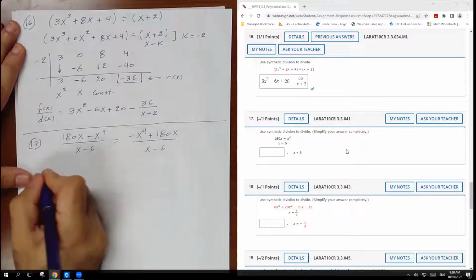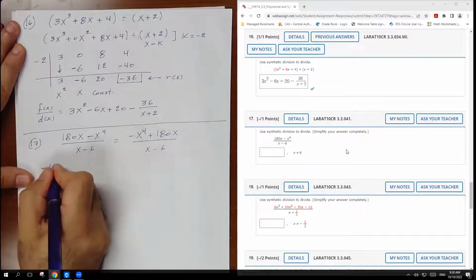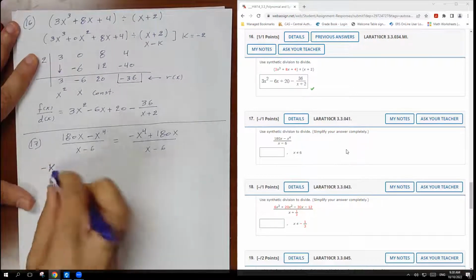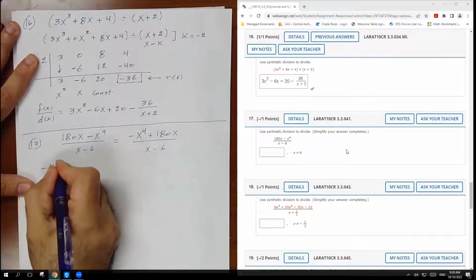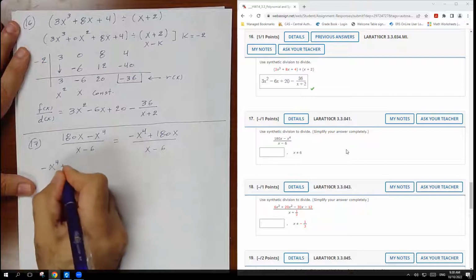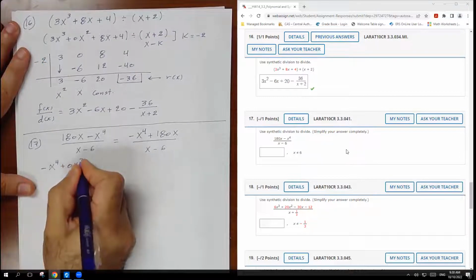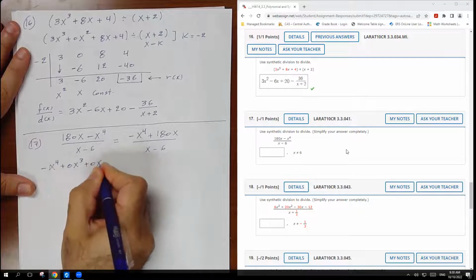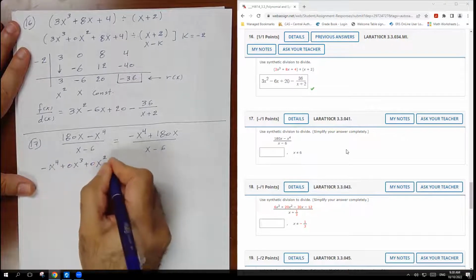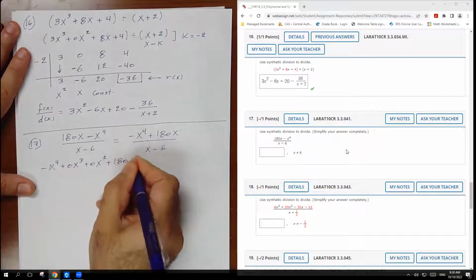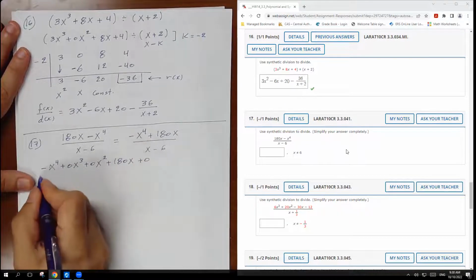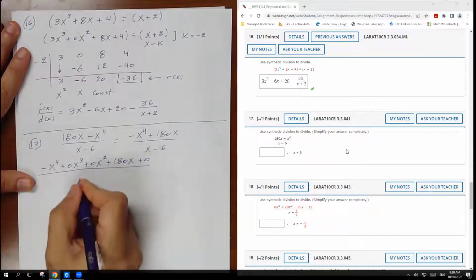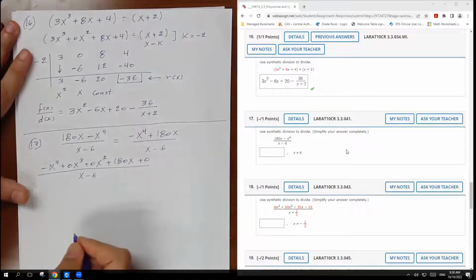So I'm going to say negative x to the power 4 plus 0x cubed plus 0x squared plus 180x plus the constant 0. And everything here is divided by x minus 6.